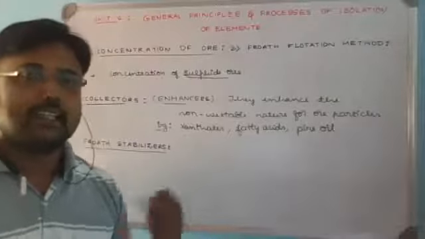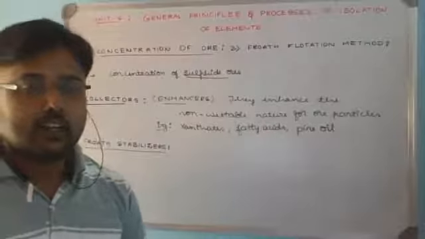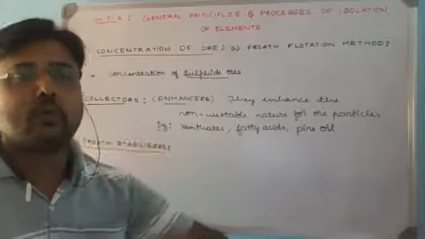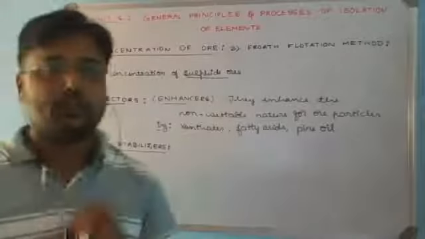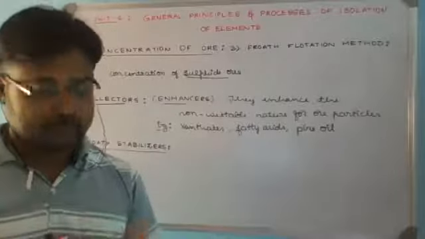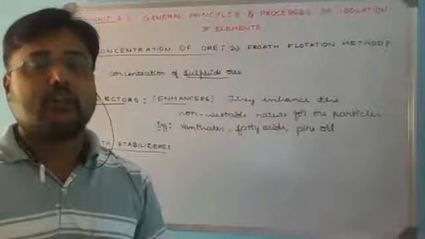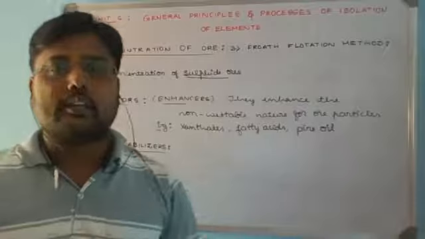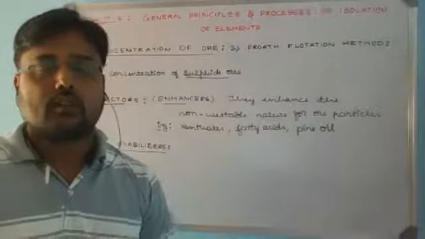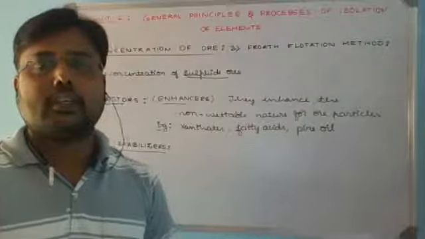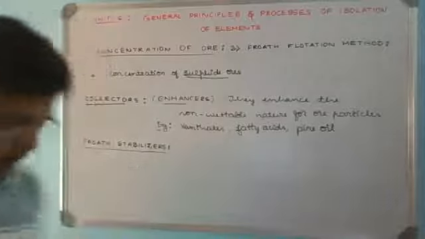So pine oil, xanthates, fatty acids, any one of them used as a collector is going to cover the ore particles. That is, it is absorbed onto the surface of the ore particles. As a result, it enhances the non-wettable nature of ore particles. That means once it is added to water, it will not mix with water. So immiscible nature with water is achieved with the help of collectors.